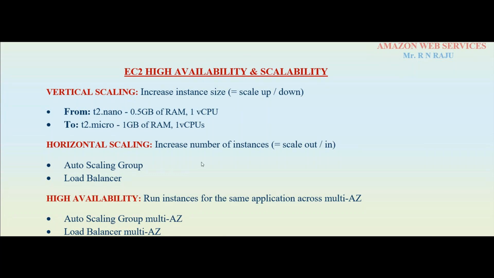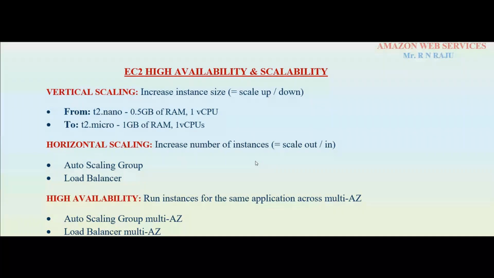But what is meant by horizontal scaling? Horizontal scaling is called auto scaling. Auto scaling means it increases the number of instances. When the instance is running, the load average is right now 20%. But if many people are connected to that application server, then the CPU utilization goes from 20% to 30, maybe 40 or 50.